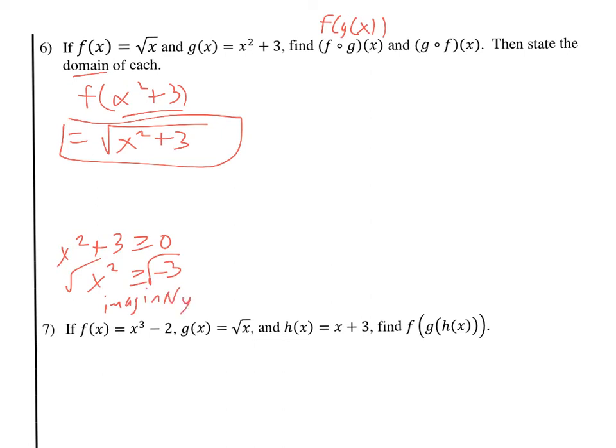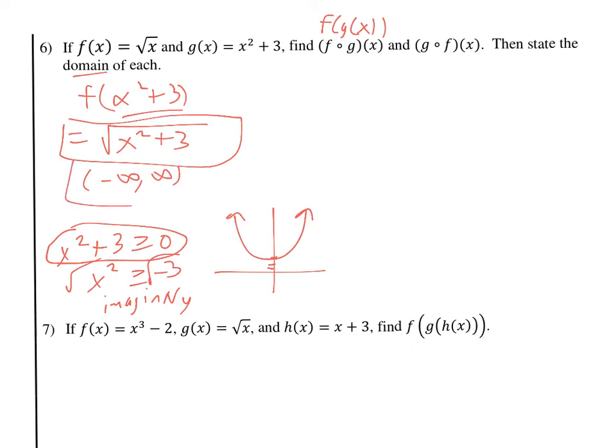So what I would just consider here, I would go back to the original. I would think of the graph x squared plus 3. So when is this greater than 0? Well, you can see it's always greater than 0, if you think about that graph. And so in this case, this one's going to be negative infinity to infinity. There's actually no x value that I could plug in there that's going to make that radical less than 0.